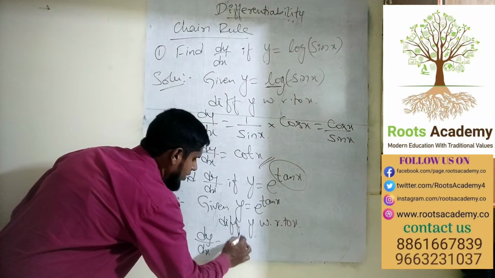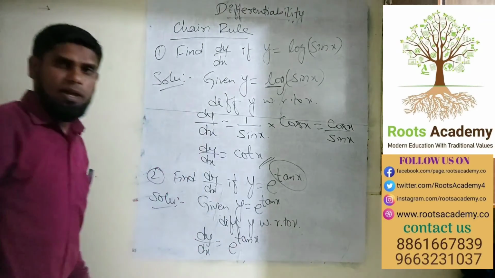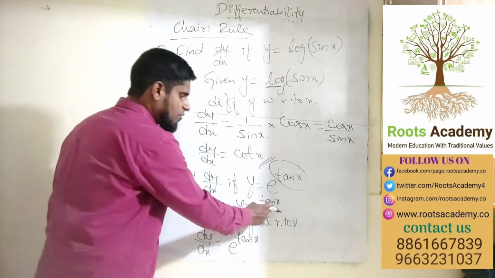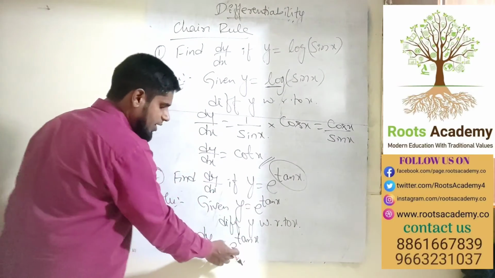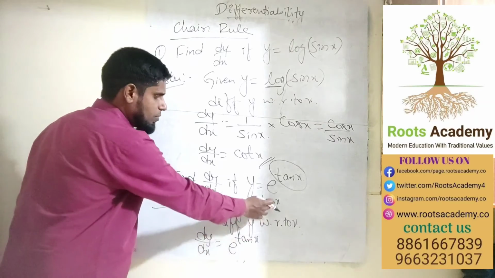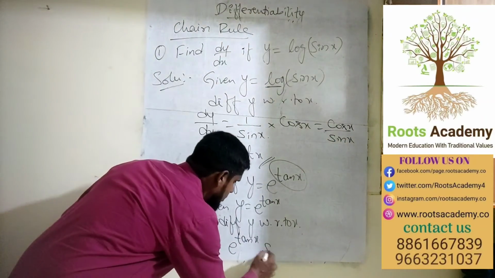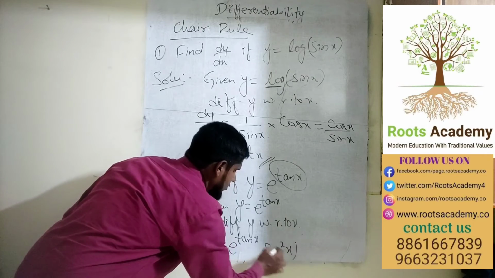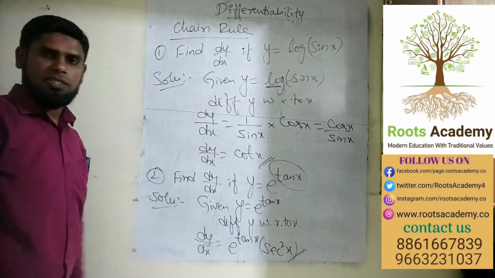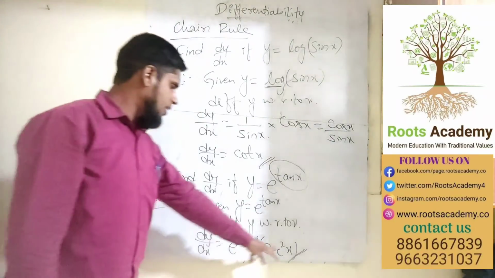So here it is e power tan x only. After this, derivative of tan x. So far we did exponential derivative. Now derivative of tan x. Derivative of tan x is secant square x. That's it, because it's already multiplied.